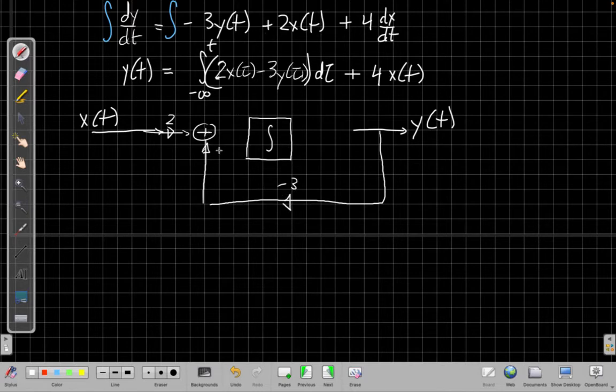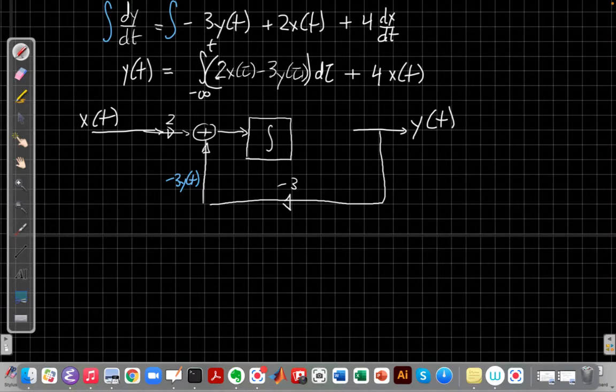So I can label these branches going into the integrator: minus 3y of t on the bottom branch, and 2x of t on the upper branch. The output of this adder is 2x of t minus 3y of t.